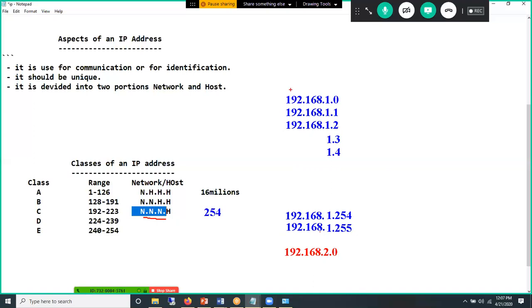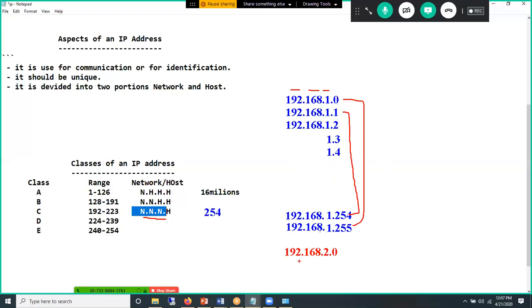Right here, 192.168.1 is my network value. So 0 to 255. 0 and 255 we call invalid. 0 is the network ID, 255 is the broadcast ID, and the remaining numbers that we can use for our network are 1 to 254.